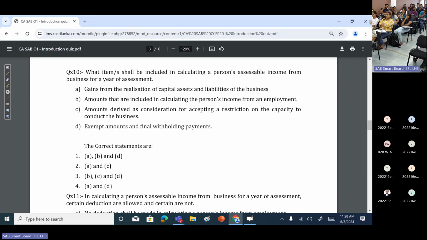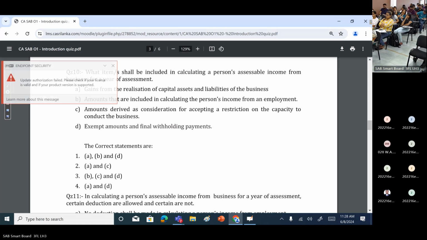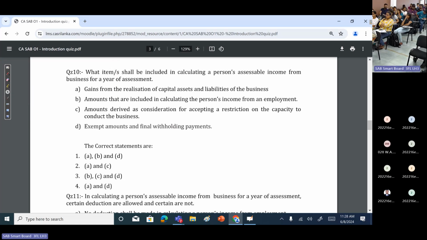Amounts that are included in calculating a person's income from employment, that is employment income, right? Therefore, it shall not be part of business income. Assessable income from business, so that's also incorrect.